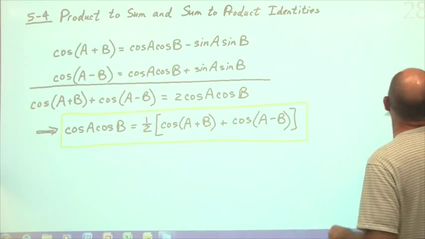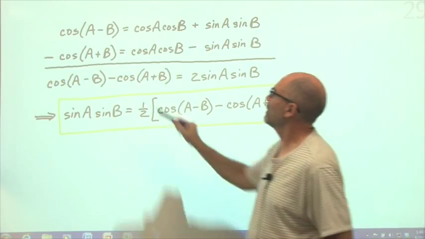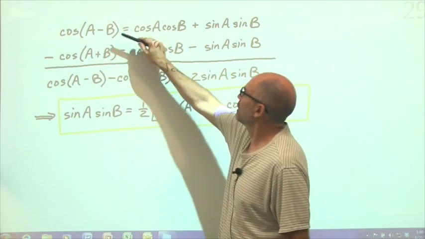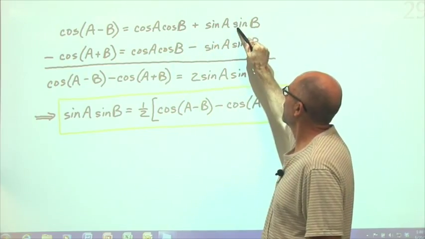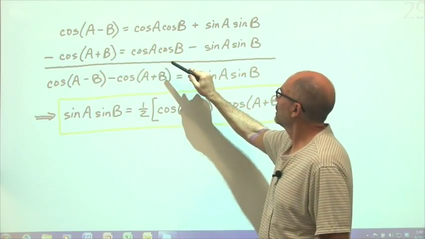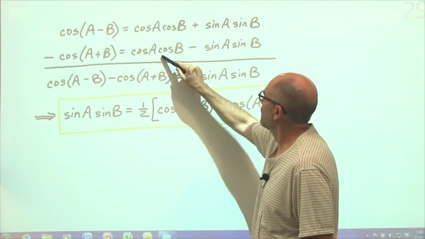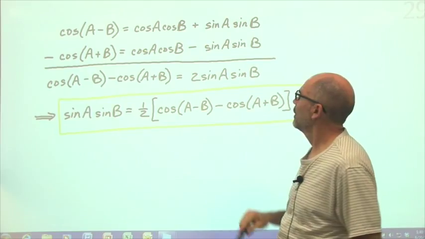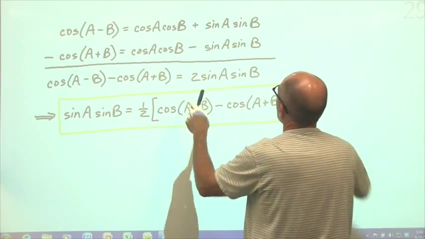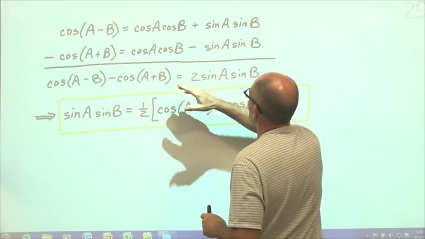Okay, now we're going to do a similar thing. This time, instead of adding these two, we're going to subtract them. So notice cosine A minus B is cosine cosine plus sine sine, and then subtract cosine A plus B, which is cosine A cosine B minus sine A sine B. So when I subtract, I have cosine A cosine B minus cosine A cosine B, so the cosine A cosine B is gone.